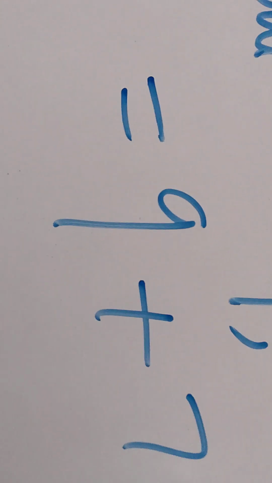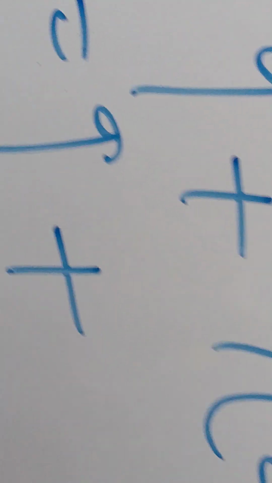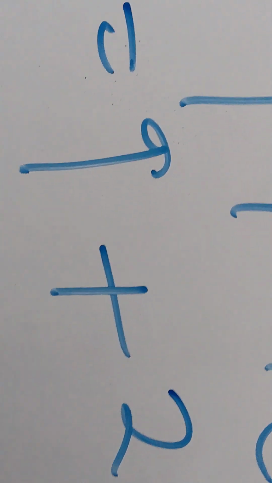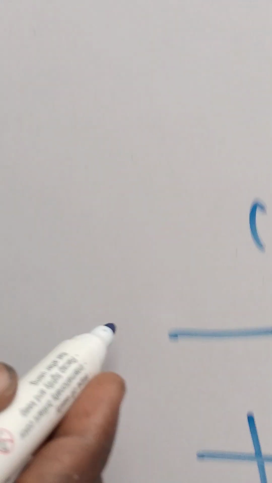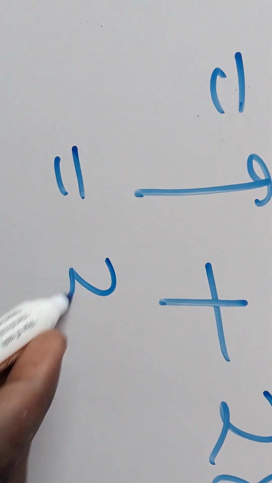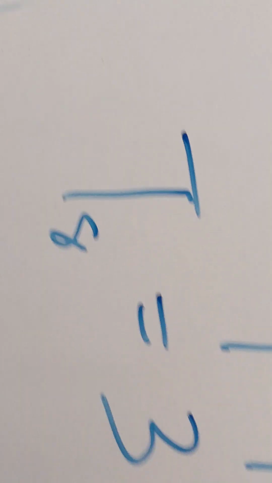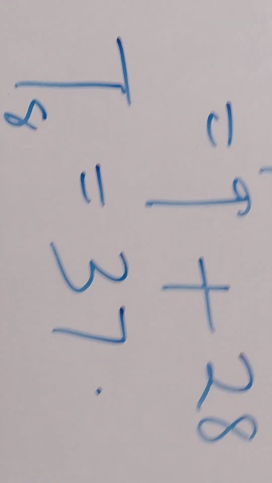So I'm having 9 plus 7 times 4. 7 times 4 gives me 28, and 9 plus 28 is 37. So I'm having T8 as 37.